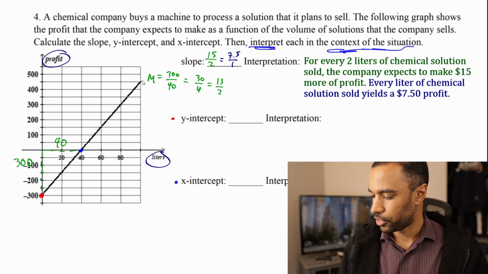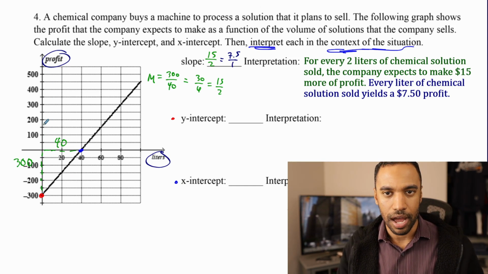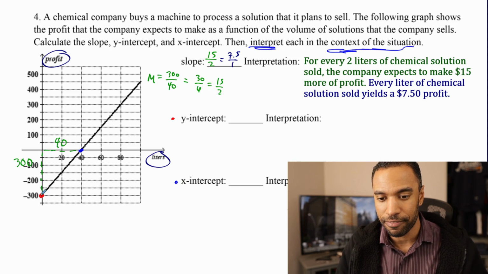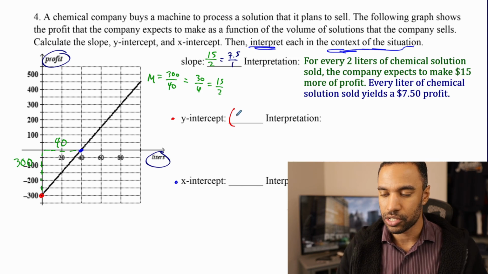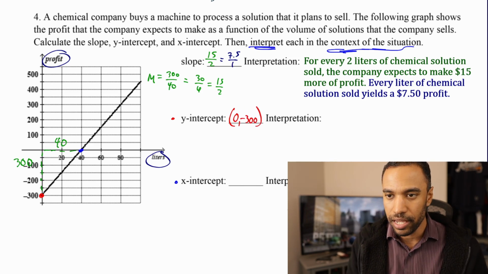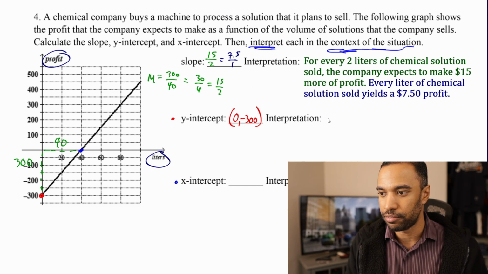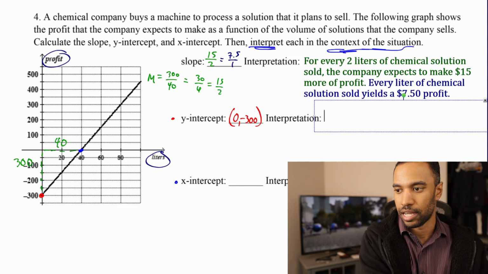All right, y-intercept right here. Now remember, it doesn't just represent profit. It represents profit at a specific instance or moment. The y-intercept very specifically isn't just negative 300, it's negative 300 when x is 0. So the interpretation here, the thing we have to make sense of, is just describe the point. What does the point tell you there?